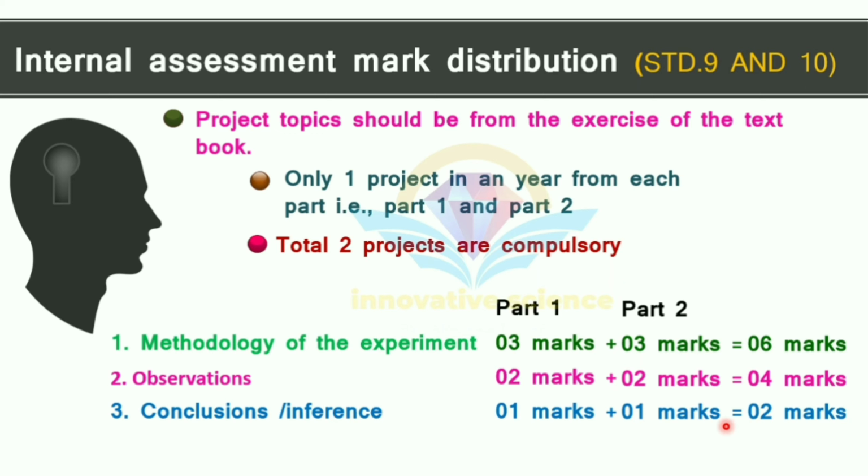That means in practical exam, 6 plus 4 plus 2, total 12 marks are given for experiments. This marking system is the same for standard 9 and standard 10 practical exam.